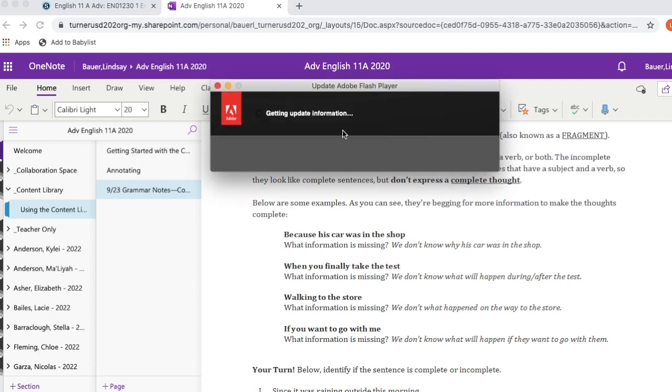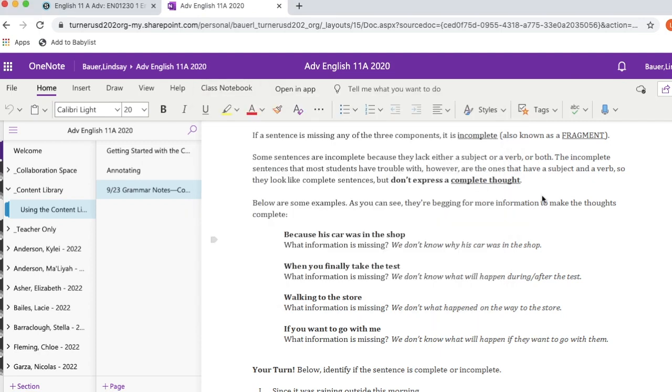When you finally take the test, okay, what happened? We don't know. Walking to the store, again, we don't know what happened while you were walking to the store. And lastly, if you want to go with me, well, what's going to happen if I go with you? I don't know, because these are all incomplete sentences. So make sure to note that when we do not have a complete thought, even if we have that subject and verb, if we don't have a complete thought, it is not a complete sentence.